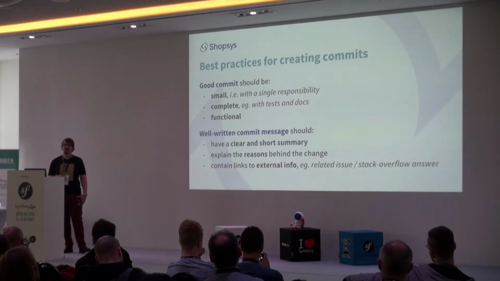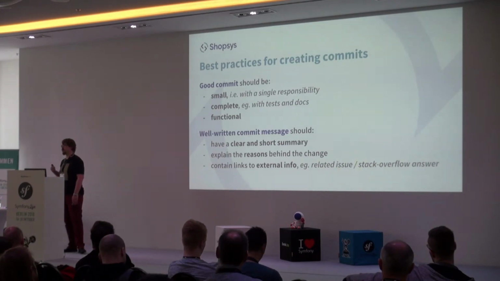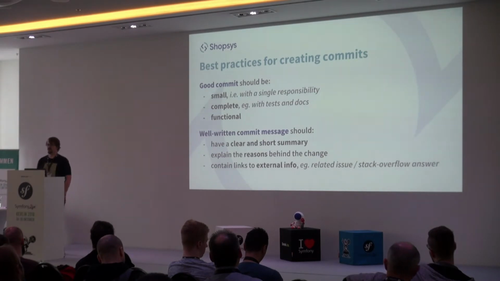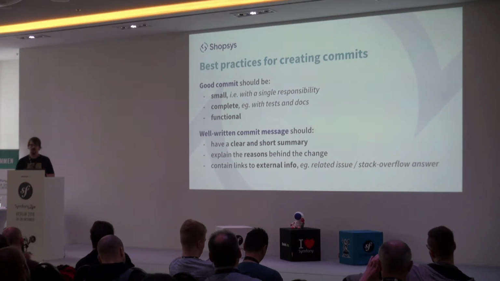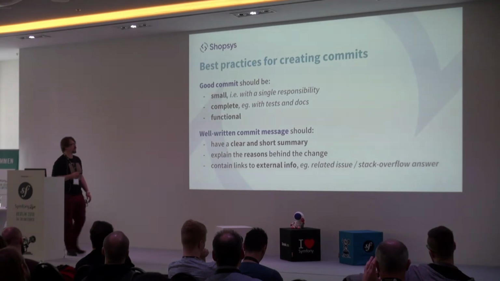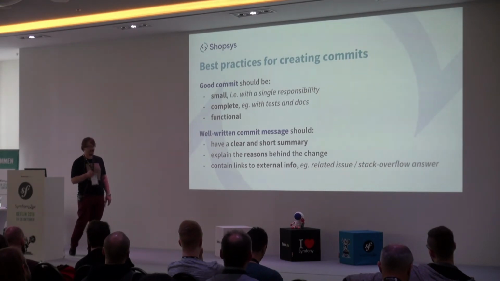Describe the reasons, including some links to external info, for example, an external issue tracker that describes the bug that you encountered and you are trying to solve. Or, for example, a link to a Stack Overflow answer that you used when you did your commit. Because, let's be honest, we all do that. Just Stack Overflow, copy, paste, fixed.